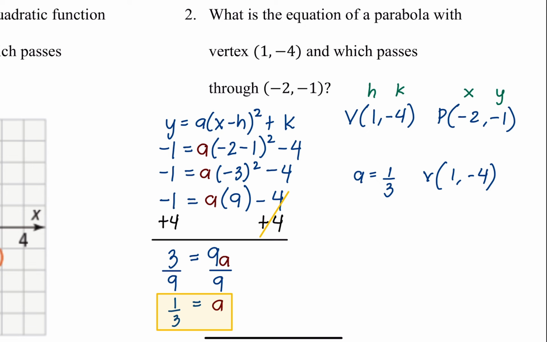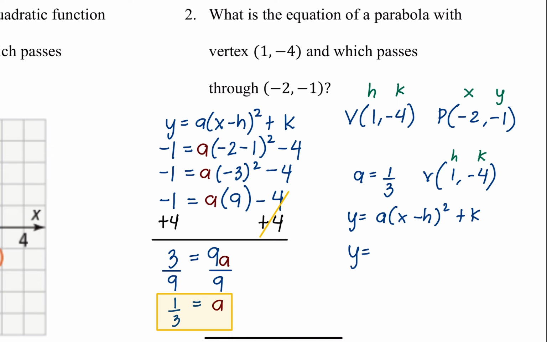And again, class, this is h and this is k. So using the vertex formula, we have y is equal to a times x minus h squared plus k.